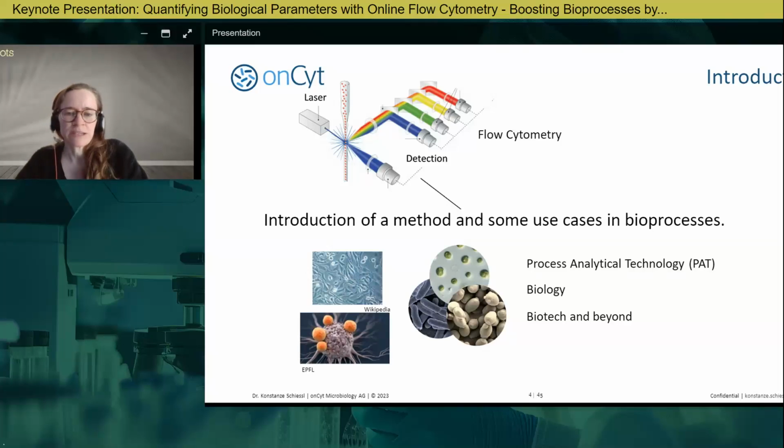And all these three I will tell you examples about and how we used online flow cytometry to measure these. So you see that the flow cytometer can be used quite diversely across biological particles. And then one key term that I think is important for, well, why do we care about this method at all, and why is it important for bioprocess, is the concept of process analytical technology, or PAT technology.